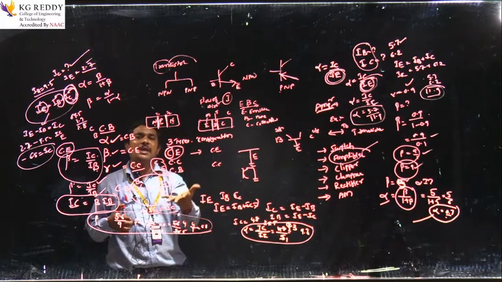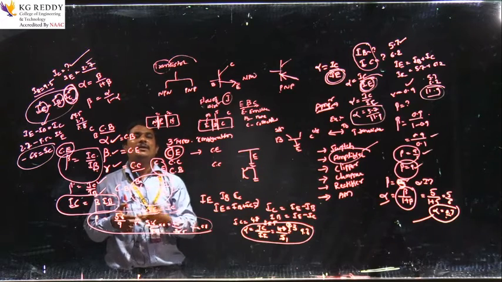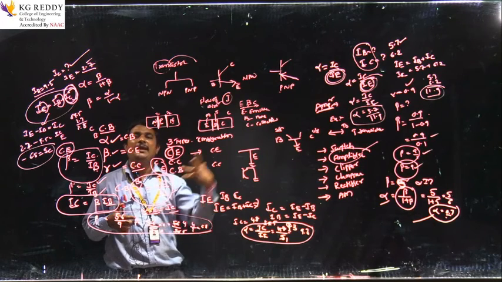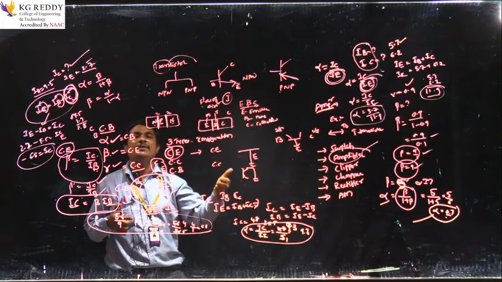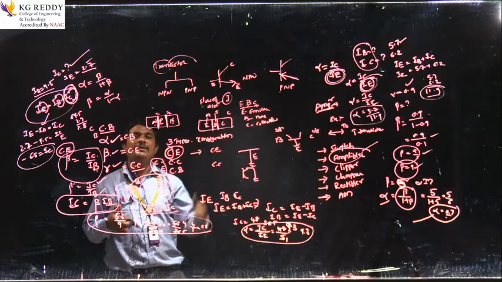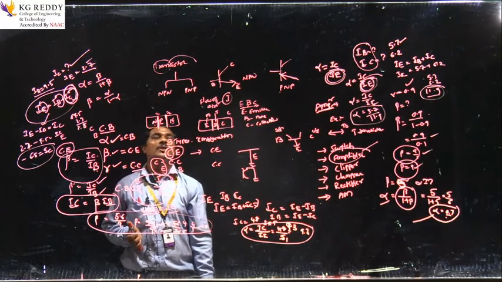Transistor classification is NPN and PNP. FET is classified as MOSFET and JFET. JFET means junction field effect transistor, whereas MOSFET means metal oxide semiconductor field effect transistor. Thank you one and all. This is the transistor topic and FET.